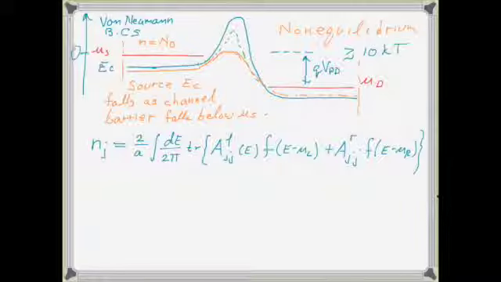Which means that at the energies of interest in the source, this term over here is essentially 0. So where we're doing this integral in the source, the value of that Fermi factor at those energies is 0, because you're more than 10 kT above mu sub d, right?